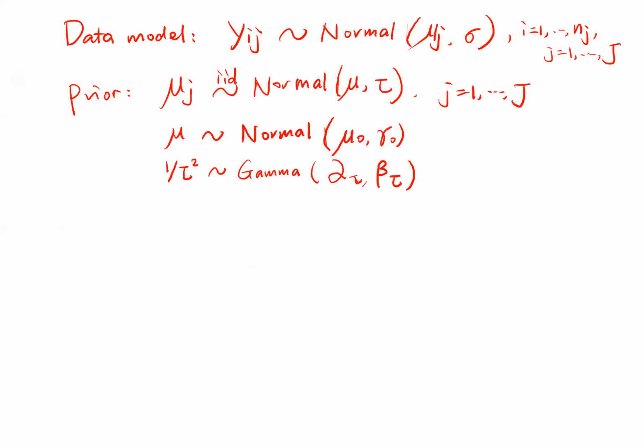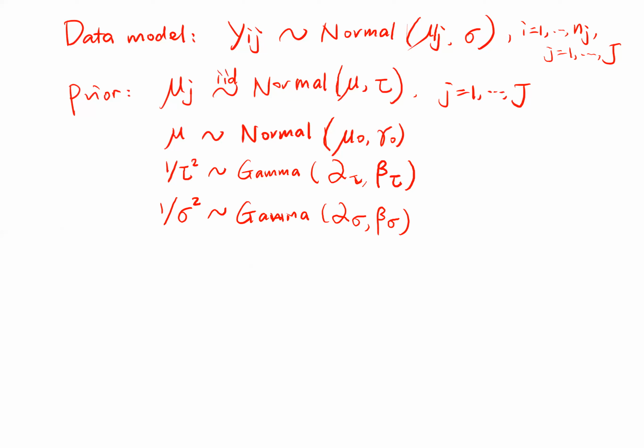Lastly, don't forget we have 1 over sigma, which is not a two-stage prior, since sigma is being shared. We use alpha sigma and beta sigma to represent its mean and standard deviation.